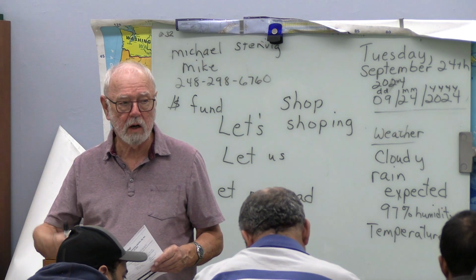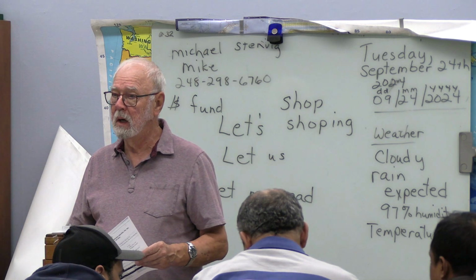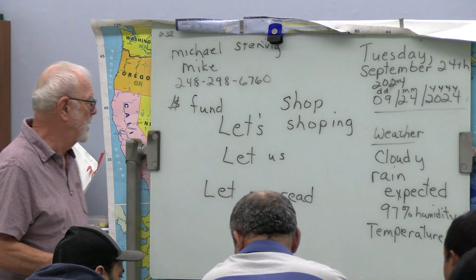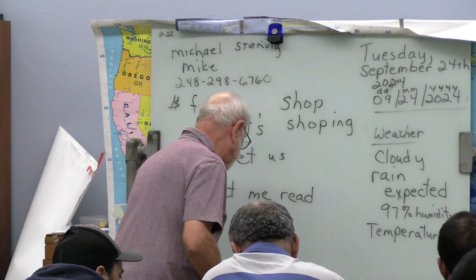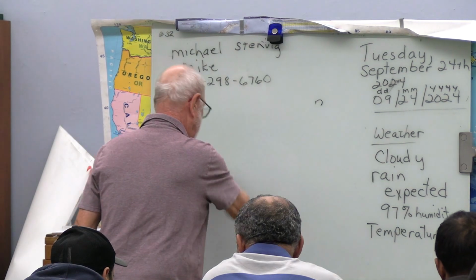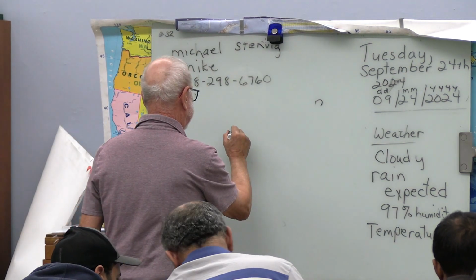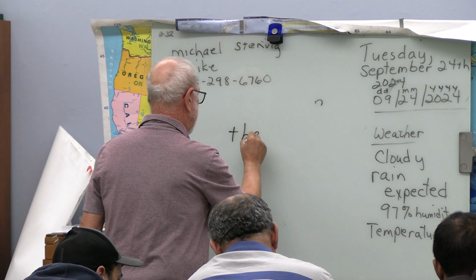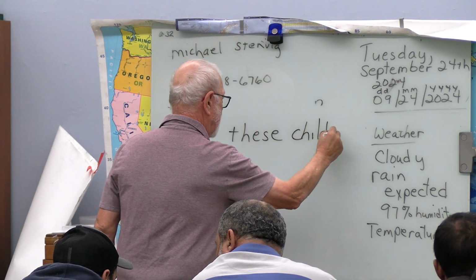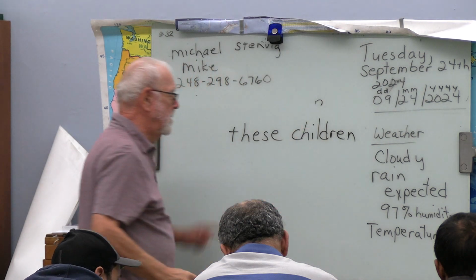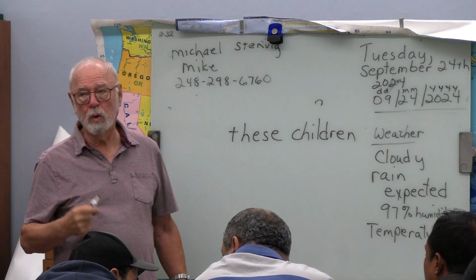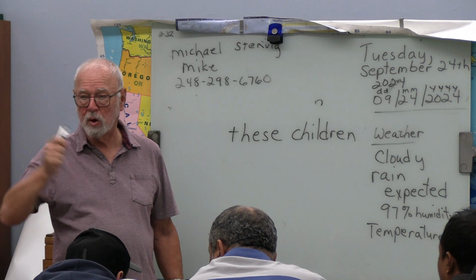So some words are automatically plural. Always plural. Children, always plural.